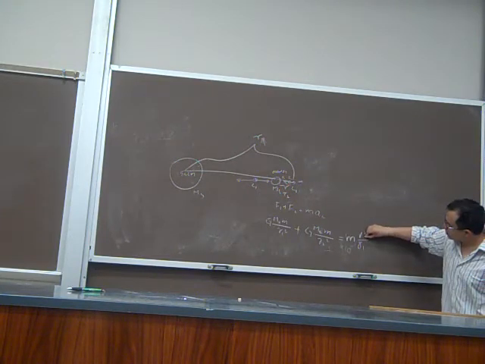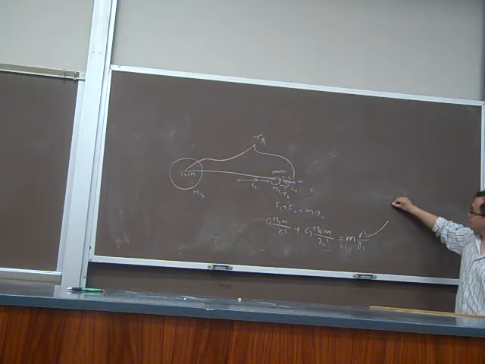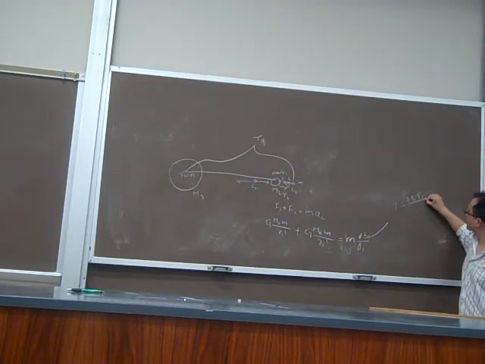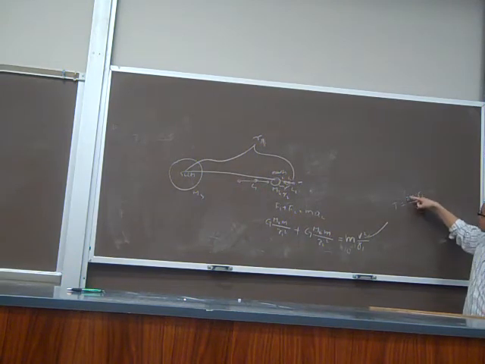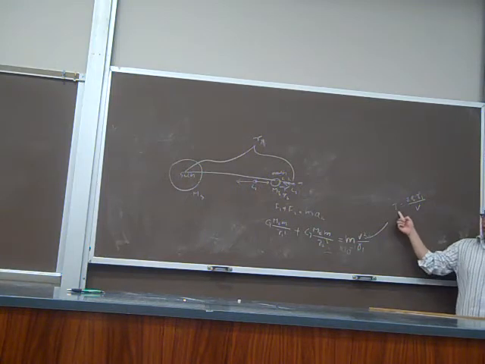And then you can fix v by introducing the period T equals 2 pi R1 over v. So v equals 2 pi R1 over T, and what should T be here if you want to calculate it?